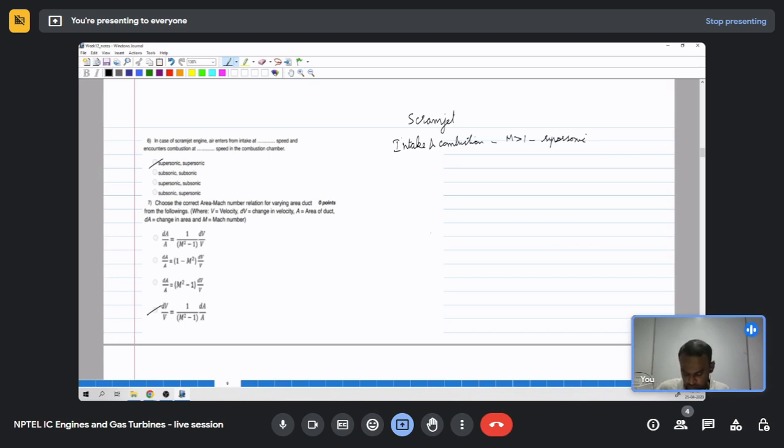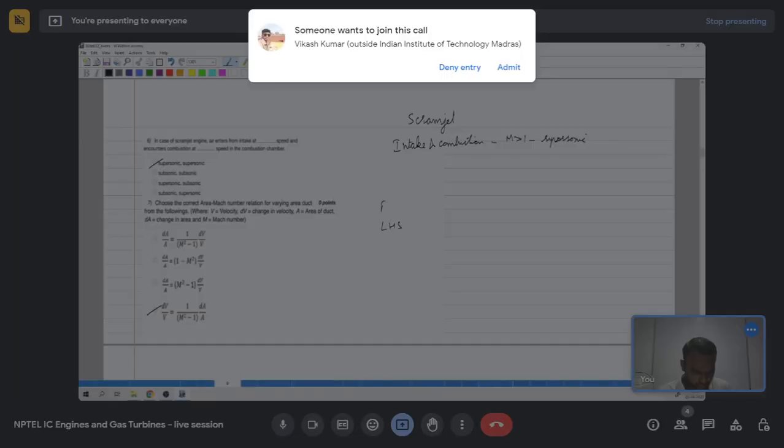So here, when velocity increases, we can try for nozzle, subsonic nozzle.